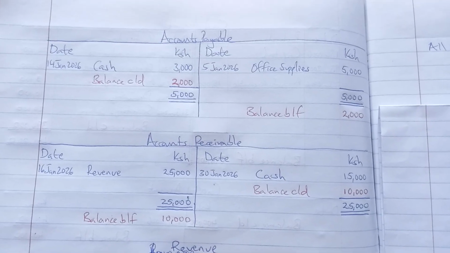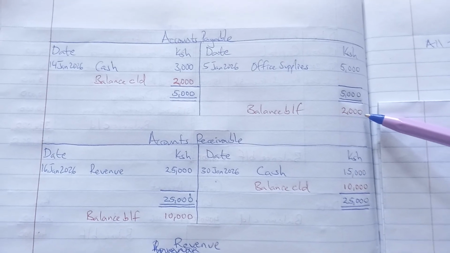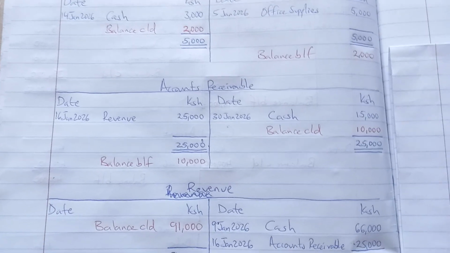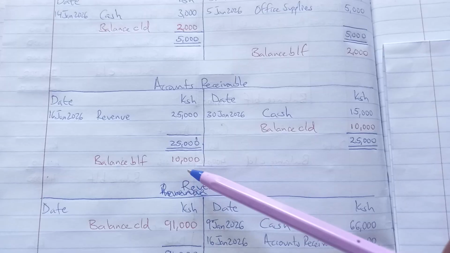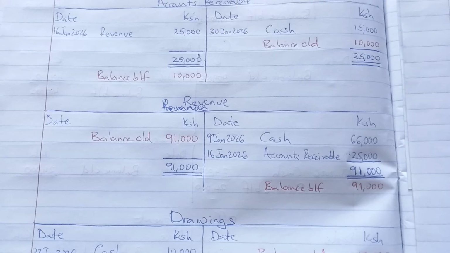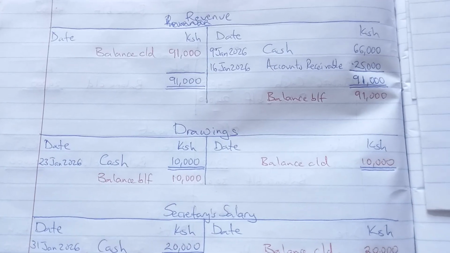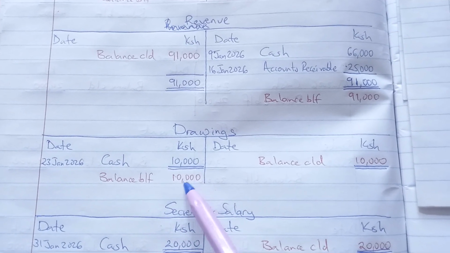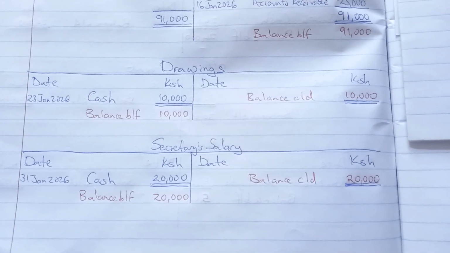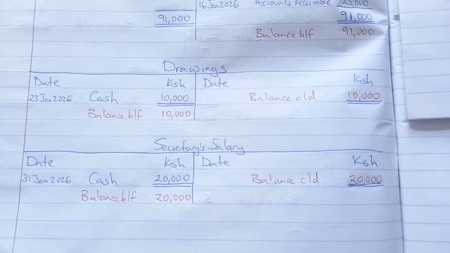That is the accounts payable account. It has a credit balance of 2,000. The accounts receivable has a debit balance of 10,000. The revenue account has a credit balance of 91,000. Drawings has a debit balance of 10,000. And our last account, based on the question, is a debit balance of 20,000.